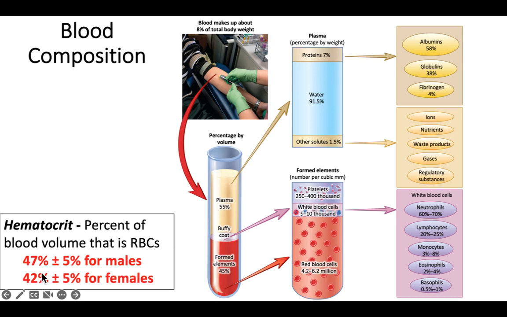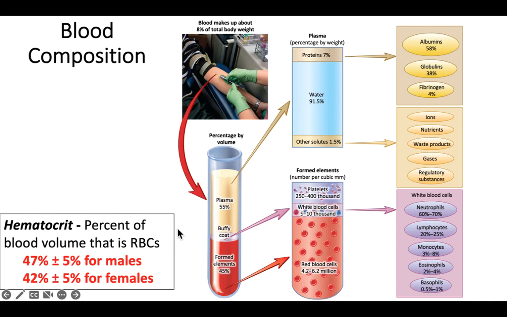Now, why would we do this measurement? Well, at some point we're going to talk about anemia. Anemia is a very common blood issue where the blood cannot transport enough oxygen. And that can lead to fatigue, weakness, dizziness. And one cause of that is a low hematocrit, a low percentage of red blood cells.